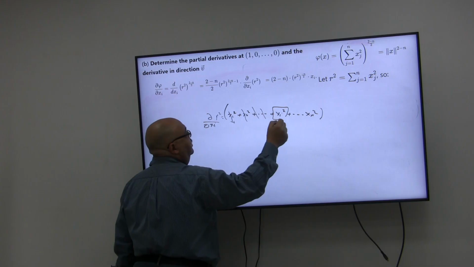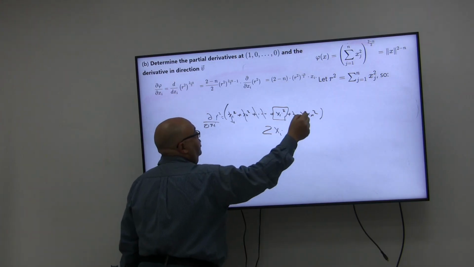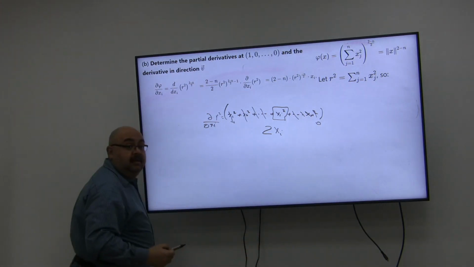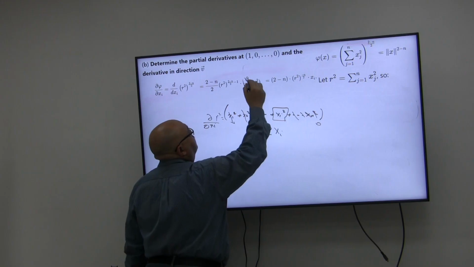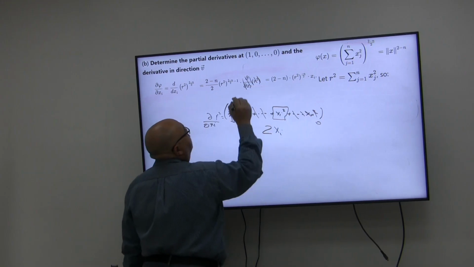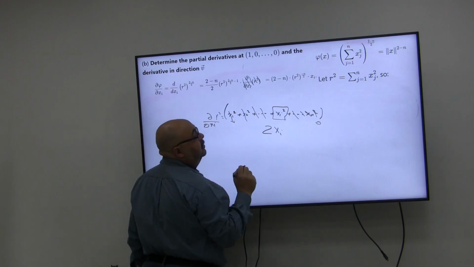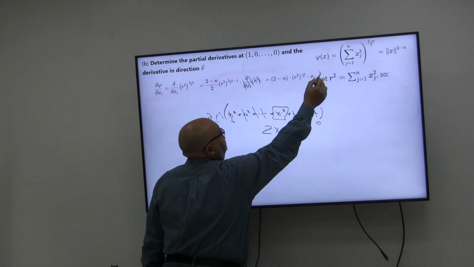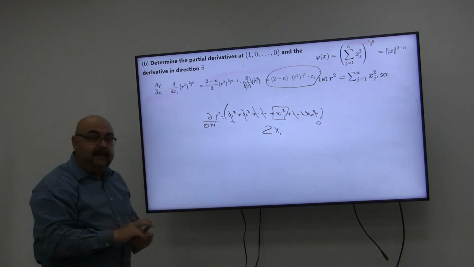What's the part that's going to be differentiated? The rest are going to be zero. So this is why I'm replacing this part by 2xi. The 2 will eat the 2. Do you read me? So your function will be this way. Okay.